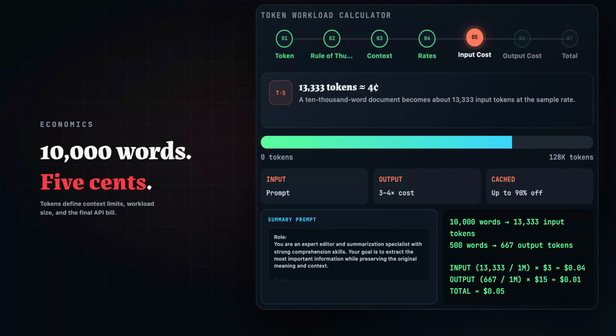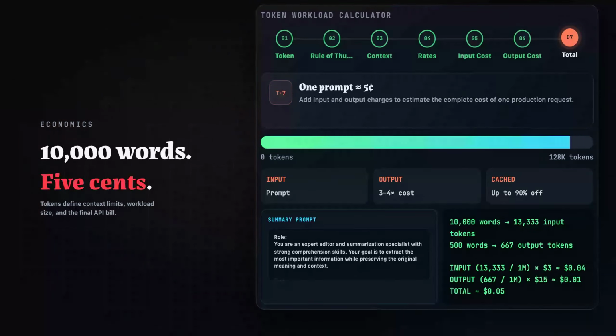At $3 per million, that costs roughly 4 cents. A 500-word summary outputs roughly 667 tokens. At $15 per million, that is 1 cent. That brings your total cost per prompt to roughly 5 cents.